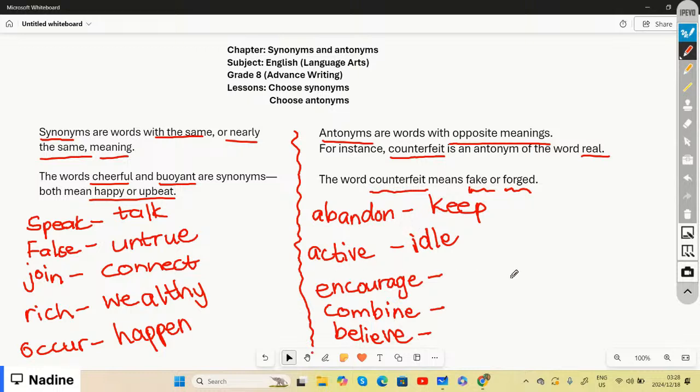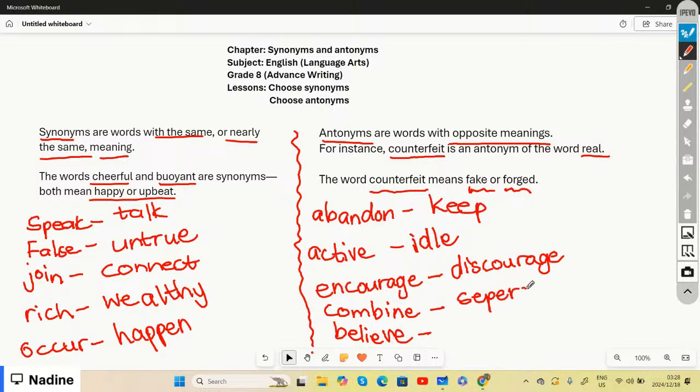Encourage. The word that's the opposite of encourage is discourage. The word that is the opposite of combine, instead of combining things, you separate it.